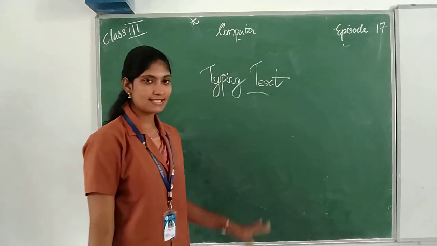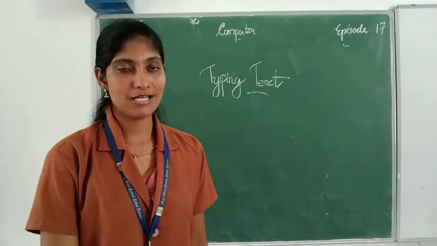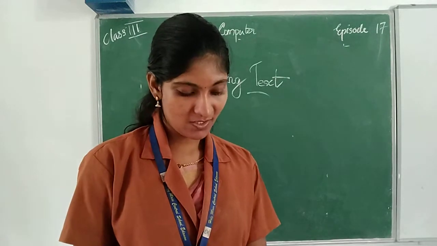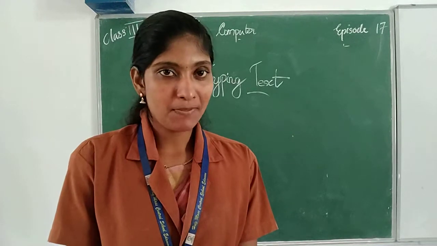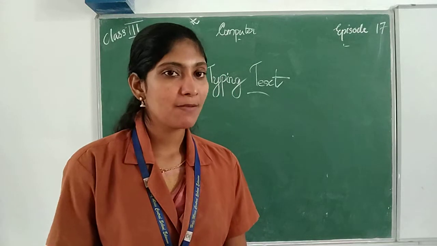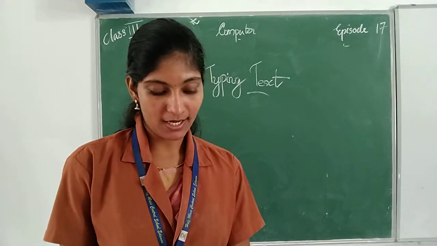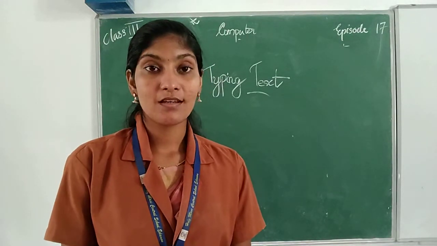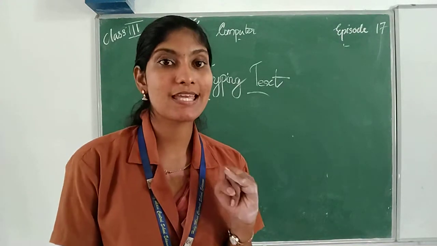We know text is the typed matter which does not include pictures, right? Typing of text is very simple. So how to type a text? Let's see, and the following steps will help you to understand the typing process. We know there is an input device for typing. So what is that input device? Yes, it's the keyboard.